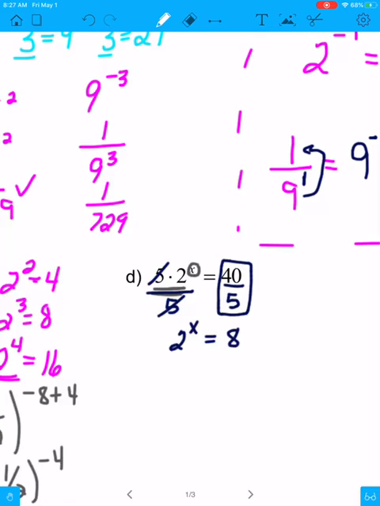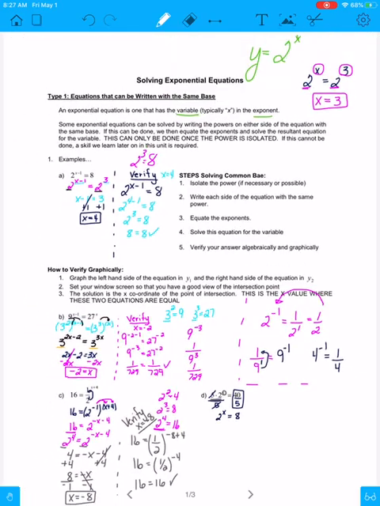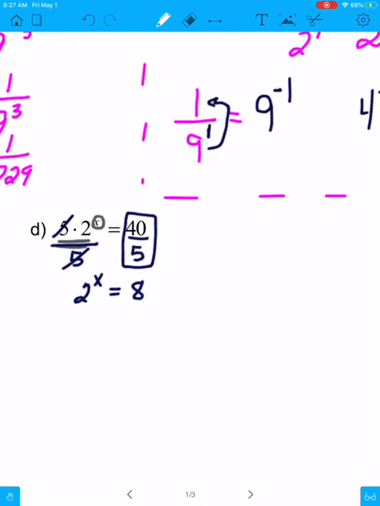And guess what? I started off basically the same thing up here. 2 to the x equals 2 to the 3. 2 to the 3 is 8. So even though this question looks substantially harder, it's very similar to the example I showed you at the very beginning. So 2 to the 2 is 4, not helpful. 2 to the 3 is 8, helpful.